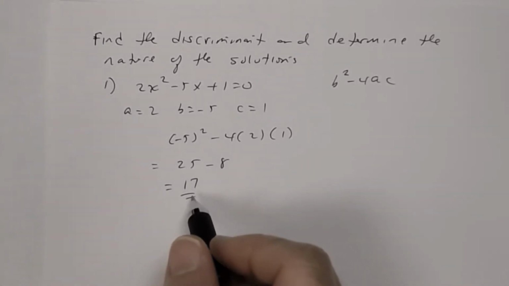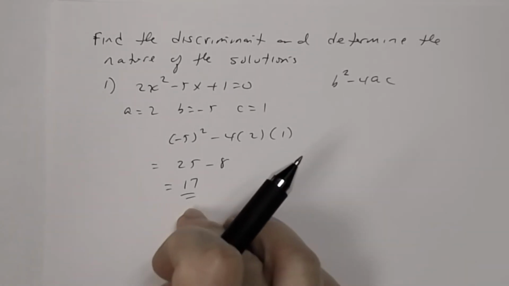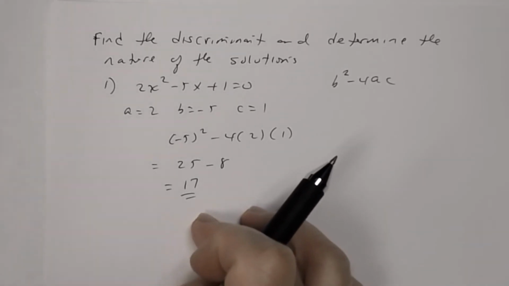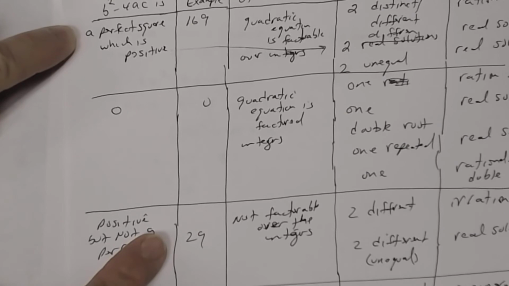So what kind of number is that? That's a positive number, definitely, right? But is it a perfect square or not a perfect square? So that's what you got to ask yourself. So we know it's positive. So the question is, is it a perfect square or not a perfect square? All right, so it's not a perfect square. So we're going to say this then.